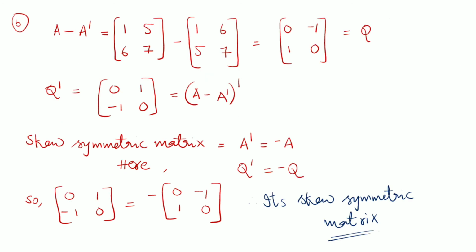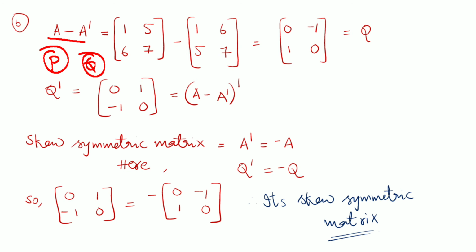I'll move on to the B question, that is A minus A dash. For A plus A dash, I have taken it as P, right? For symmetric, I have taken it as P. Here I'll take A minus A dash as Q. So you have to find the difference between these two matrices, that is A and A dash.